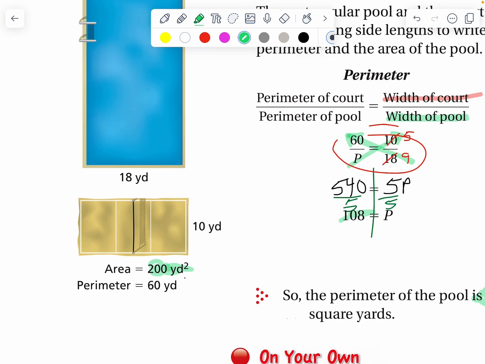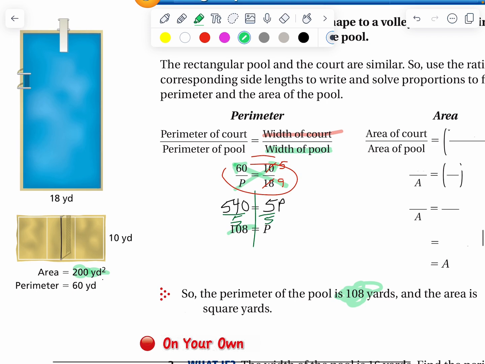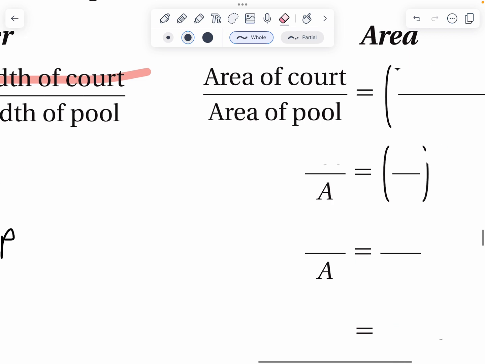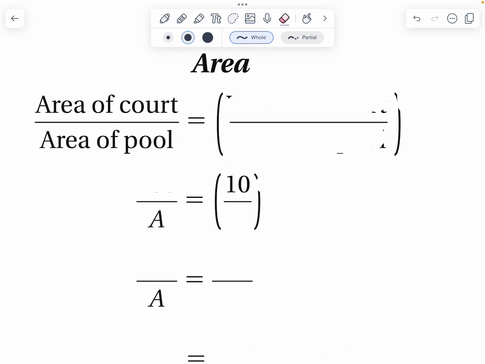Okay? So let's go set this up. We're still going to use the 10 and the 18. That's going to go right here, 10 and 18, okay? But it is going to be squared, right?